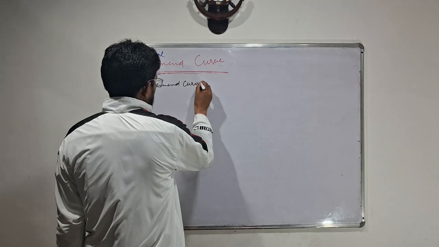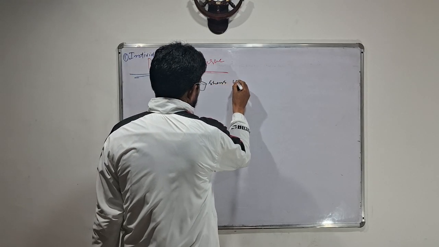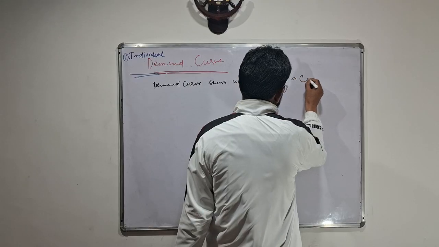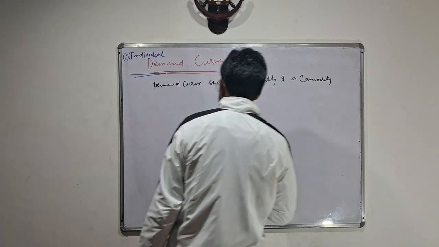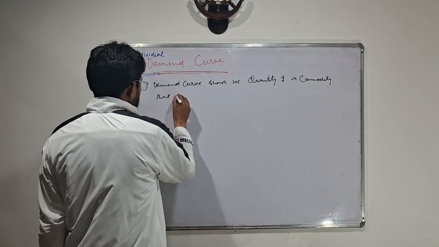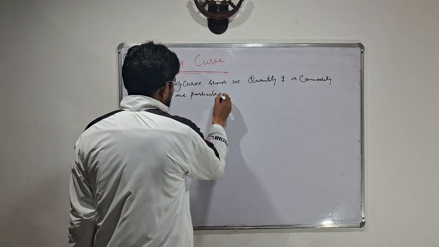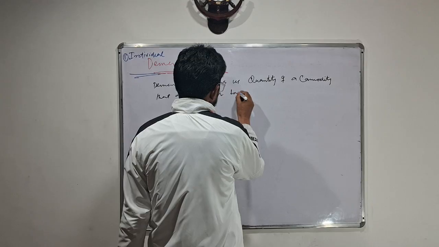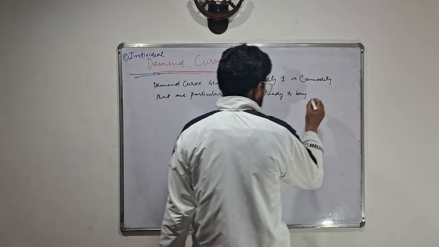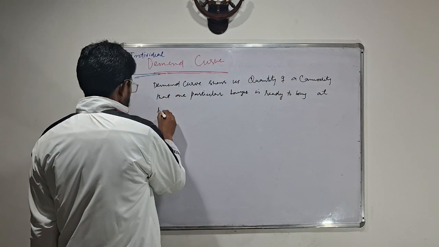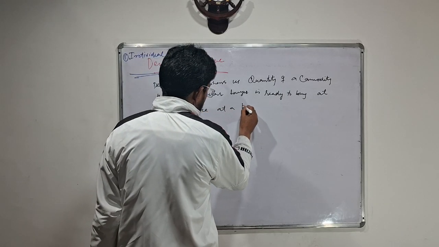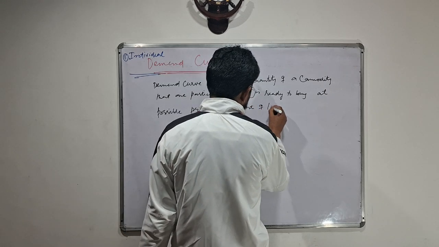Demand curve shows us the quantity of a commodity that one particular buyer is ready to buy at possible prices at a point of time.